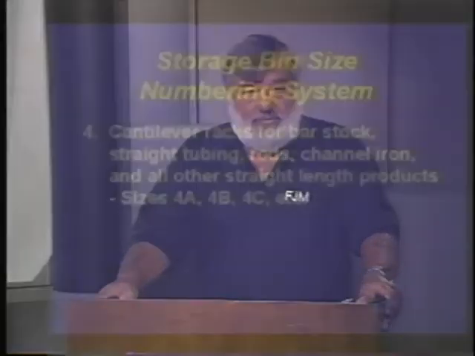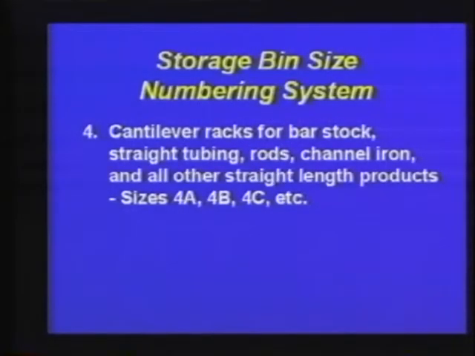4 are cantilevers. And cantilevers, if you remember, are those items that would house bar stock and piping and tubing in a horizontal plane. And cantilevers would be identified in terms of the extension of the cantilever arm associated with the weight that I could put on the cantilever itself.